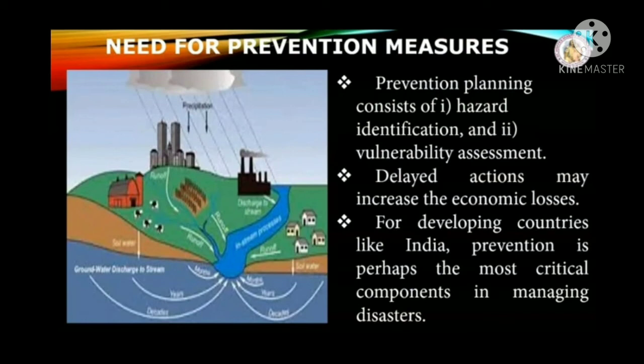Prevention planning consists of hazard identification and vulnerability assessment. Delayed action may increase the economic losses. For developing countries like India, prevention is perhaps the most critical component in managing disasters.